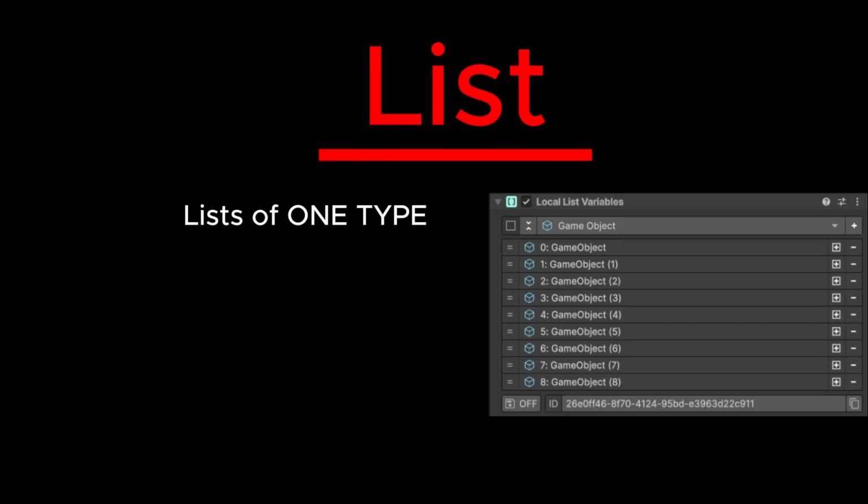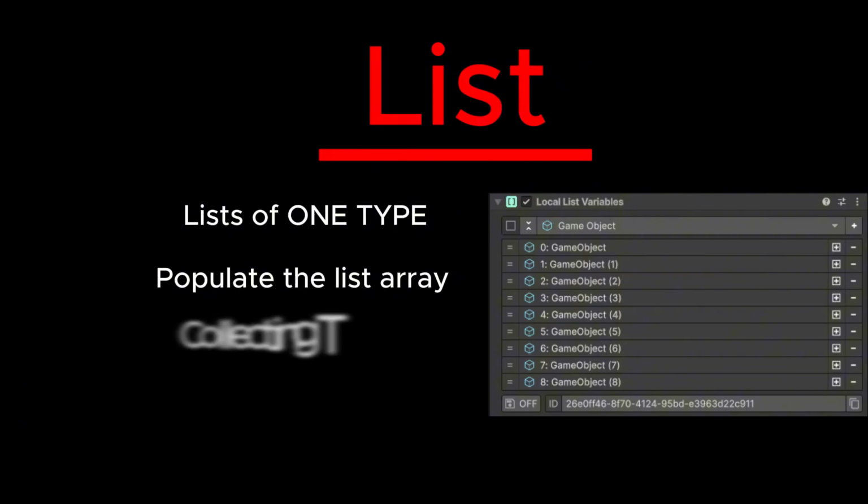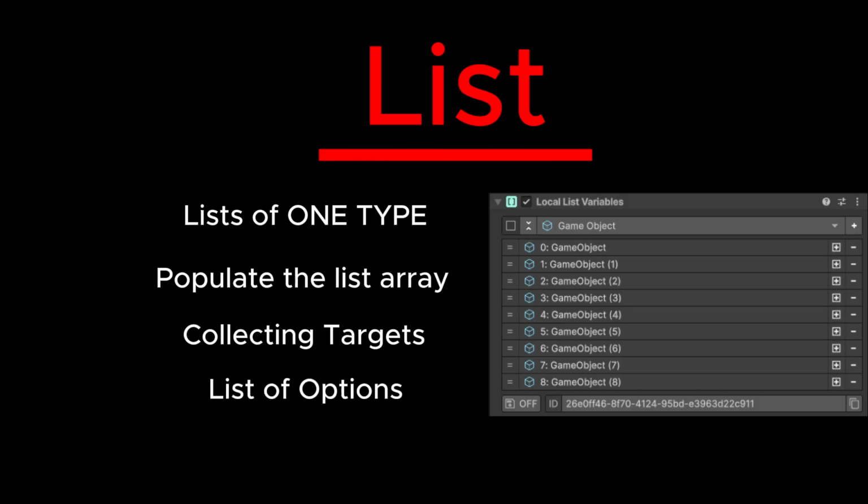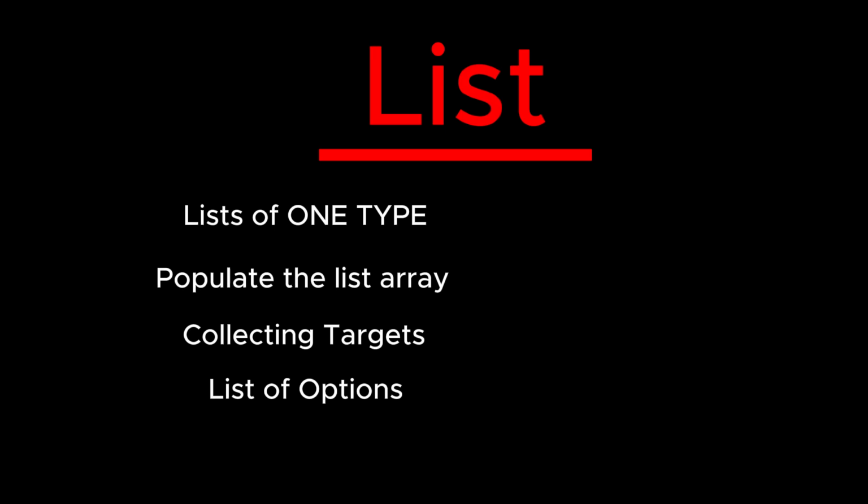So list variables are lists of the same type of variable. You can pick one type and populate the list. You can use it for collecting targets around the player. You can have a list of options that can be picked at runtime. I think collecting and choosing are the keywords here.